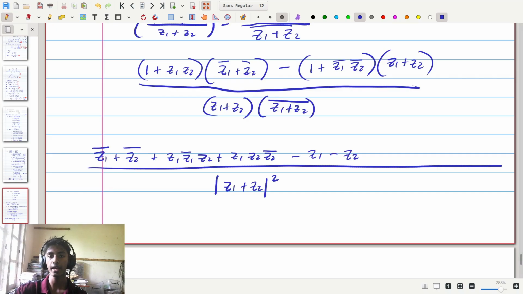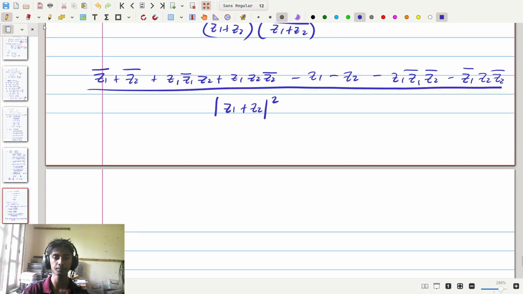And then we also have minus z1 conjugate times z2 conjugate times z1, which is equal to minus z1 conjugate times z2 conjugate, and also we have minus z1 conjugate z2 conjugate times z2, which is minus z1 conjugate times z2 conjugate. So we get this expression right here.